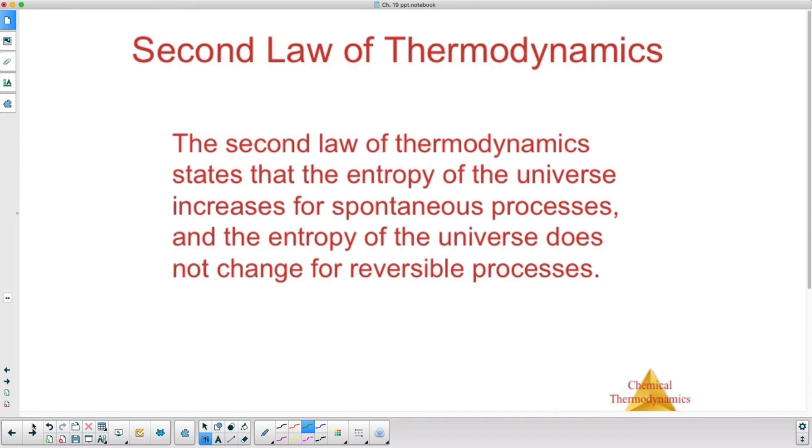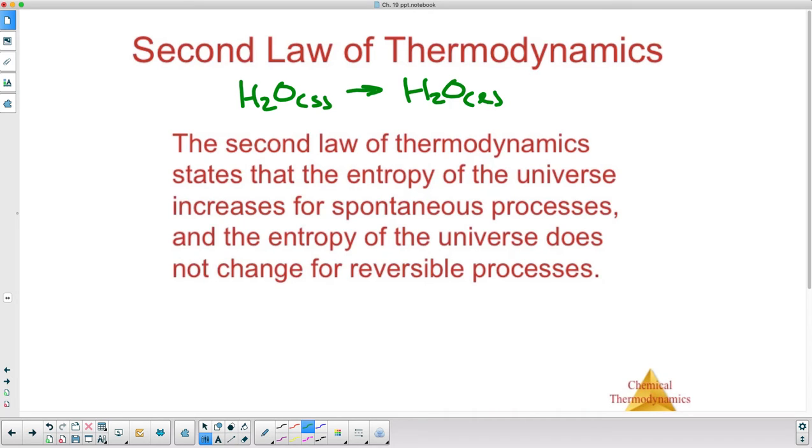So the second law of thermodynamics says the entropy of the universe increases for all spontaneous processes, and the entropy of the universe does not change for reversible processes. So something you could go, this would be like H2O(s) changes to H2O(l). That's an L for liquid.